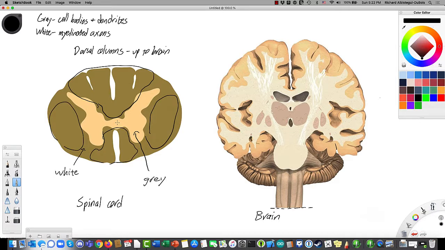Not shown on here, there should be a little central canal, the fluid-filled canal, which is the remnants of that central fluid-filled area of the neural tube. But the rest of this gray matter arranged around there is organized into several areas. These up here are the dorsal or posterior horns.